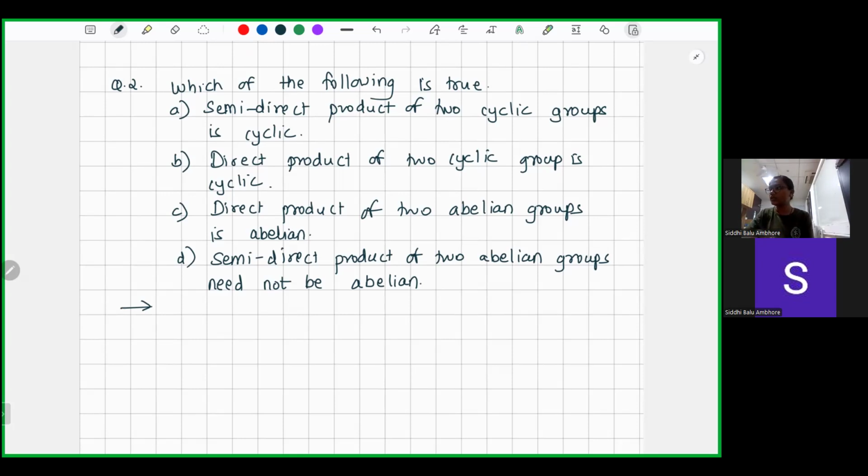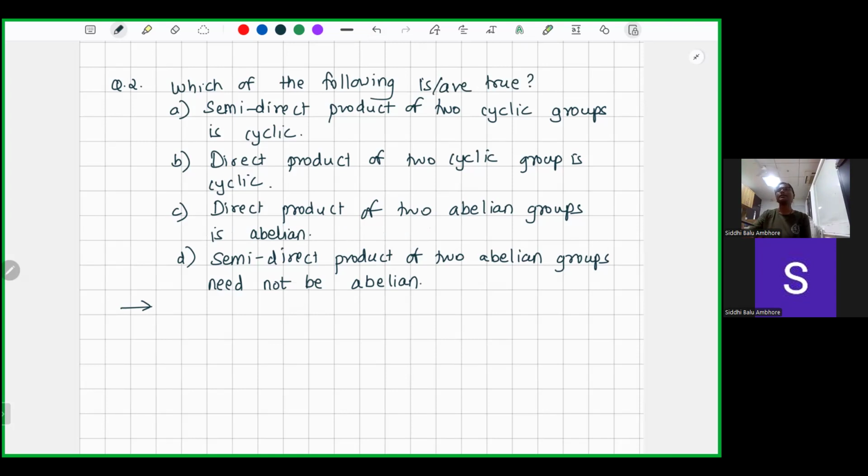Wait, let us keep this whatever it is, and we will check which of the following are true. Okay, so this is the question.